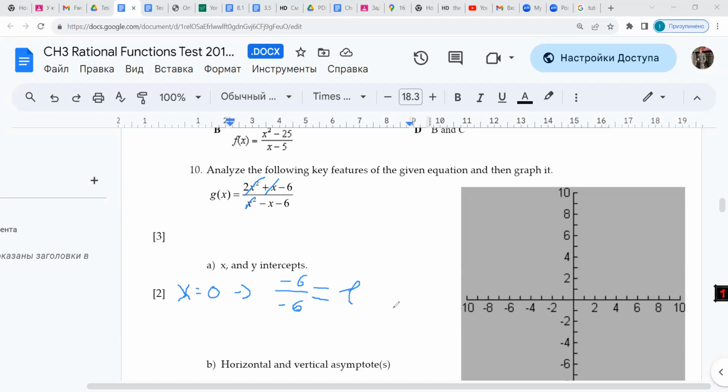Okay, so this is talking about y-intercepts. Let's leave a point on the graph here, y equals 1.